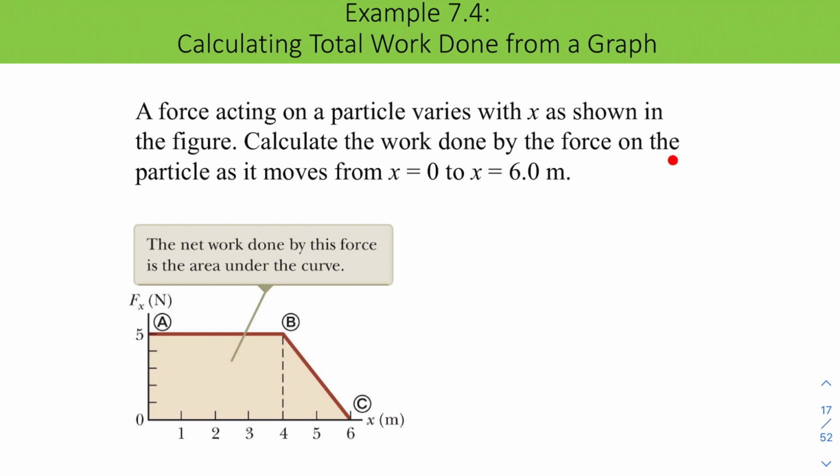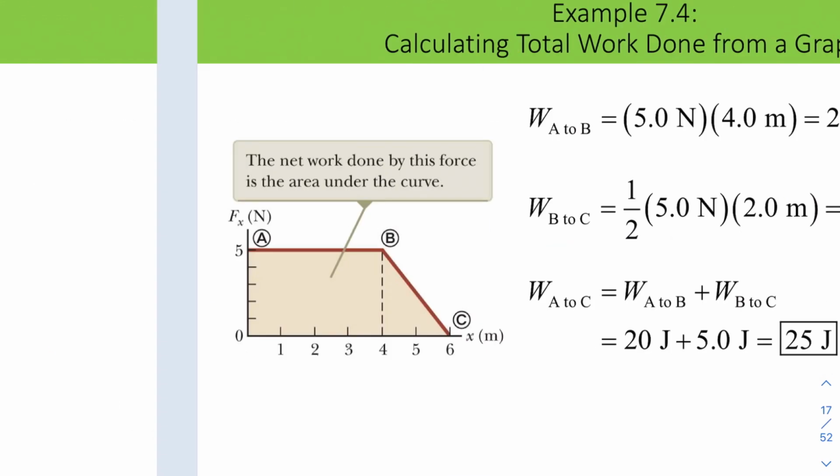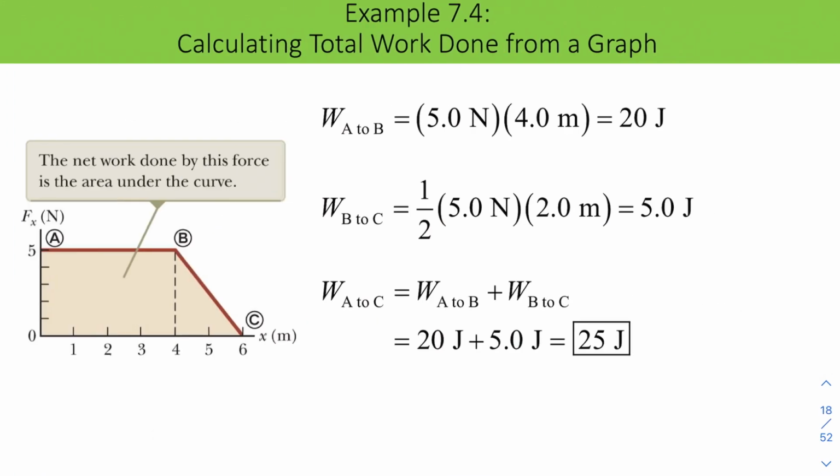Calculate the work done by the force on the particle as it moves from 0 to 6 meters. So from the beginning up to the 6 meter position, that means we need to calculate the area under the curve, right?